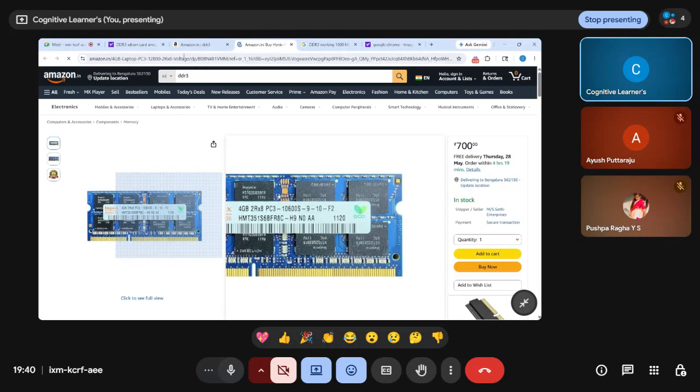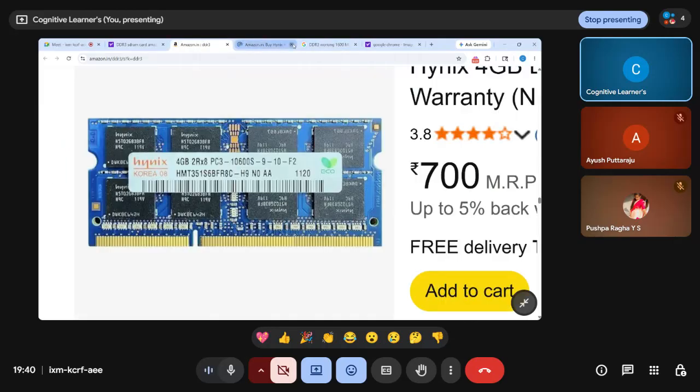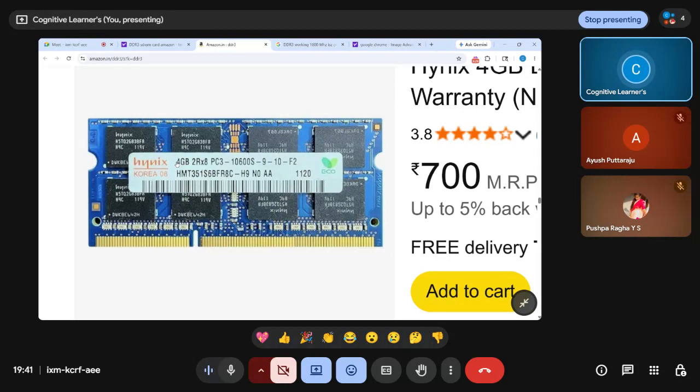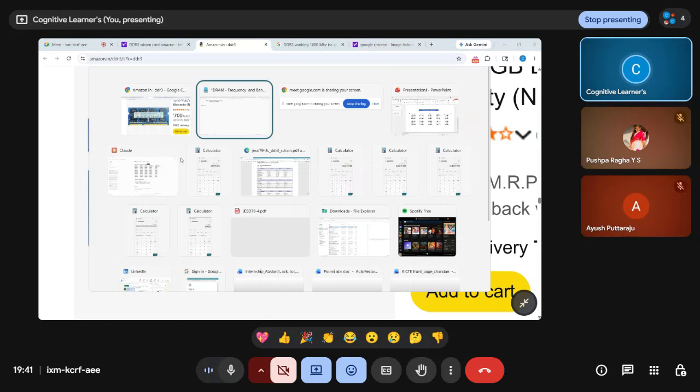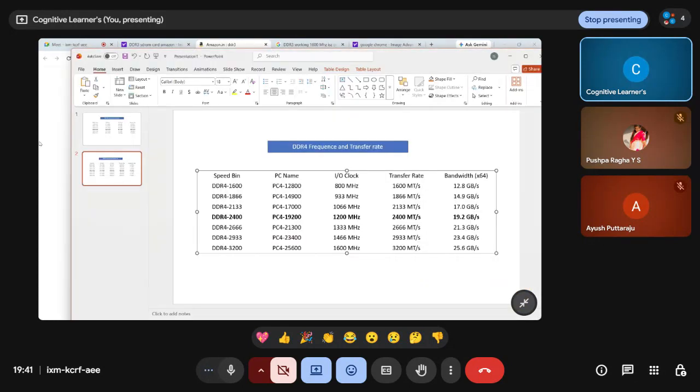We will come to this part next. This 4 GB is the whole chip capacity, guys. I will first explain from scratch, so don't worry. Next I will give a small blueprint about the DRAM card.